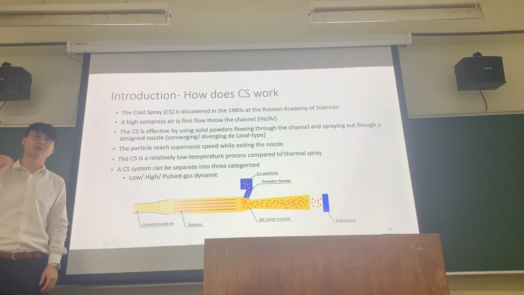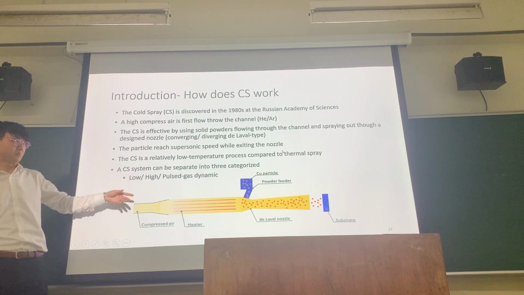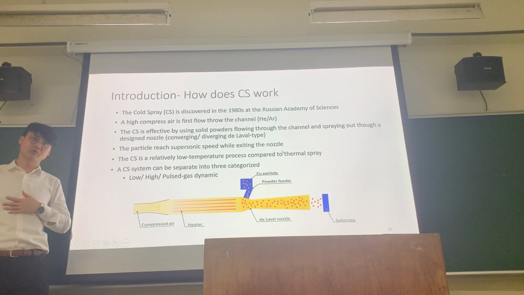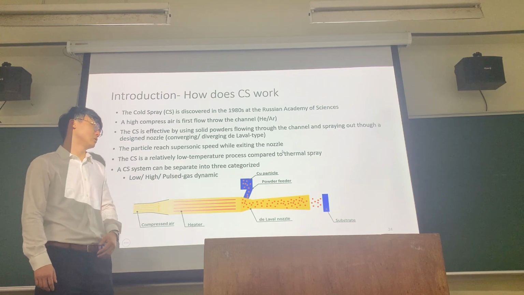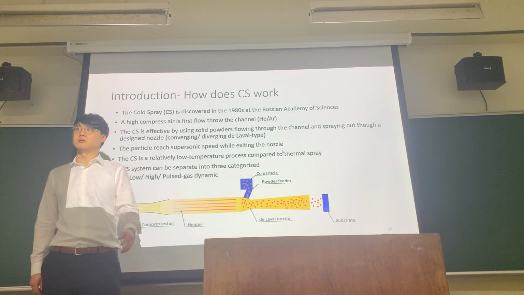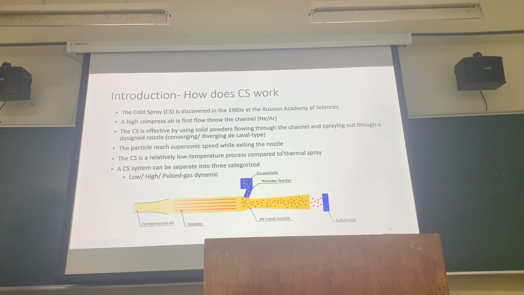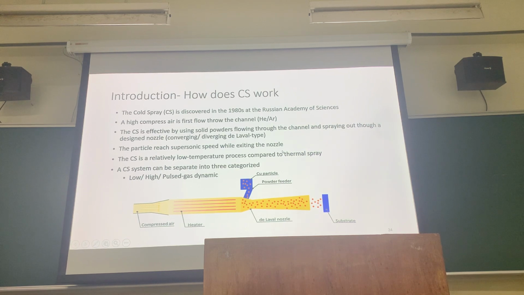You have pulse going on through, either through a combustion chamber or other ways. Low and high pressure basically depend on where you feed in your powder. If you're feeding powder from your divergent side, that's basically low pressure. And if you're feeding from your convergent side, that's high pressure. Right? So the higher the pressure means that you have a higher chance of depositing your particle.